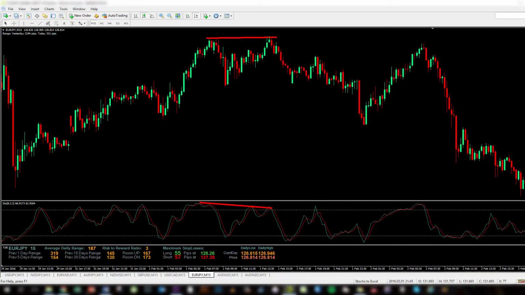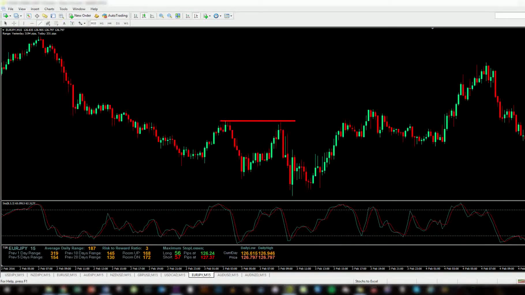Here we have another example as I mentioned earlier. Step number 1 is to look for a double top or double bottom. Next, look at the stochastics and again see if there is slowing momentum, such as a lower high in the overbought region. Since there is a lower high over here, this actually provides us with a good place to enter short again.